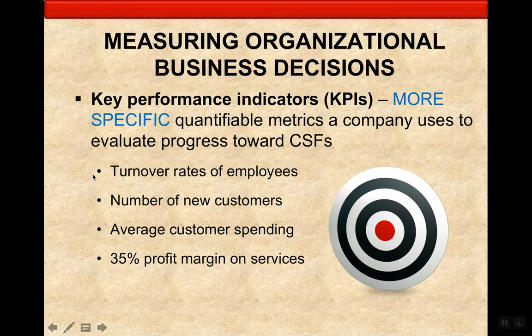That would be a KPI we would want to evaluate to see how we're doing against that critical success factor. Other examples are new customers, customer spending, profit margin on services, growth of services. The key term as we think about KPIs is that it's a quantifiable metric.